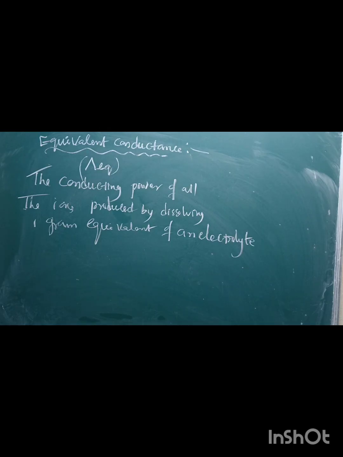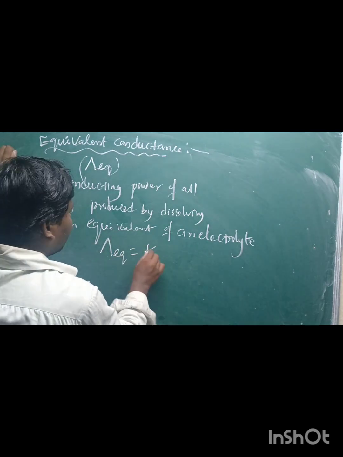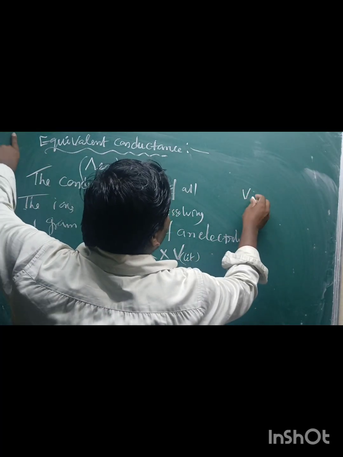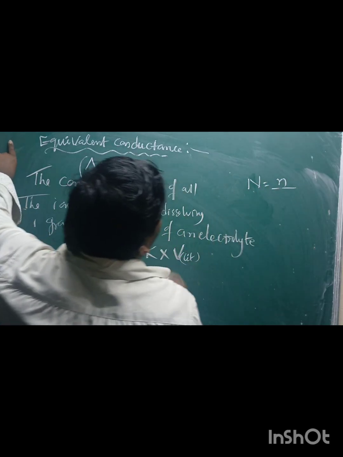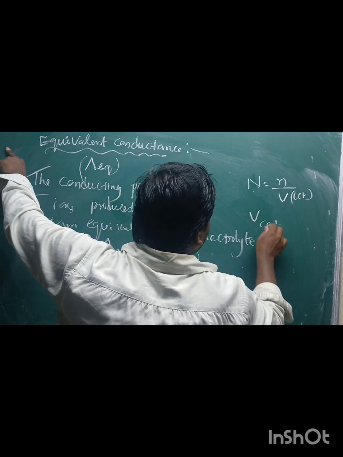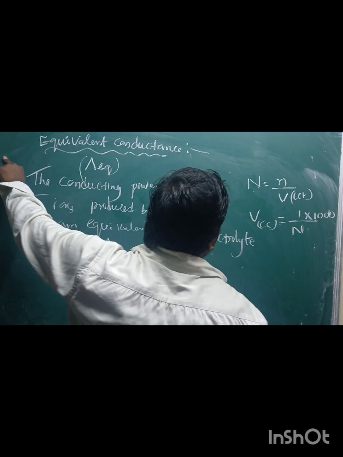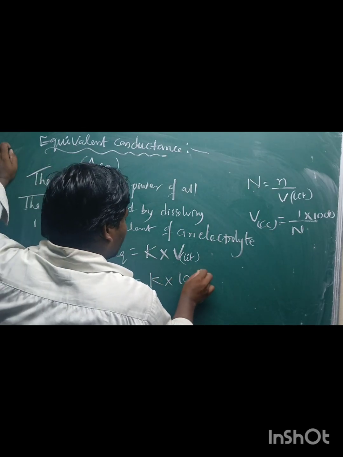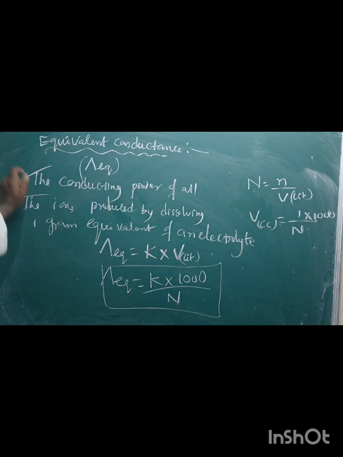Here also the same formula: lambda EQ is equal to K into volume in liter. If you take volume, normality is N by volume in liter. If you take volume in cc, it is 1 by N into 1000, so K into 1000 by N. This is the formula.